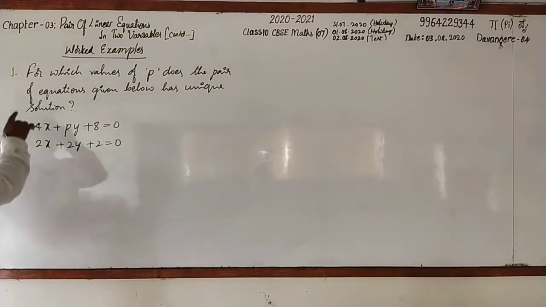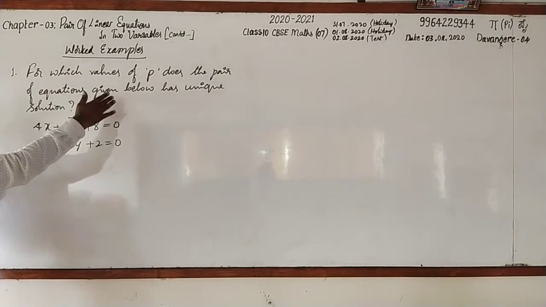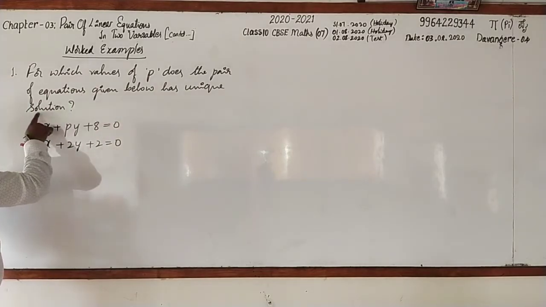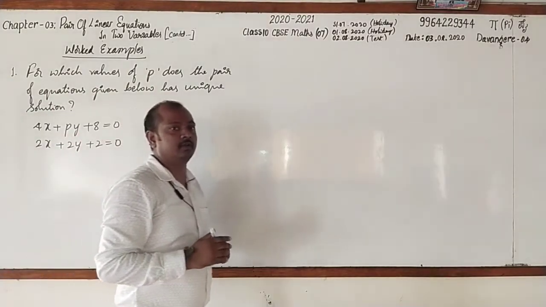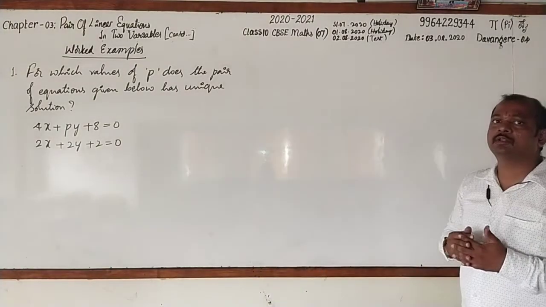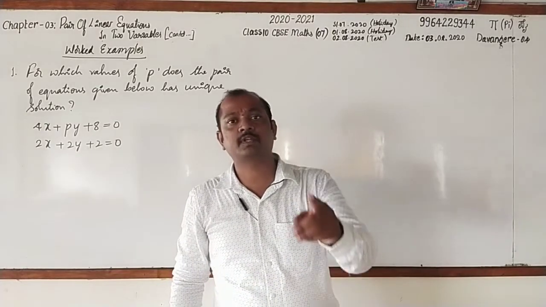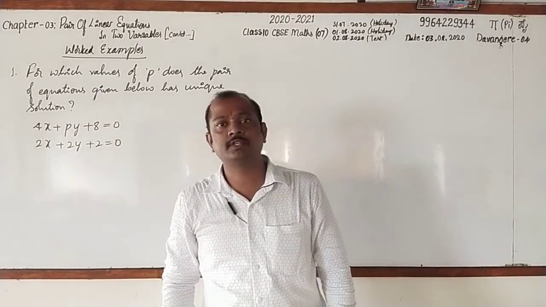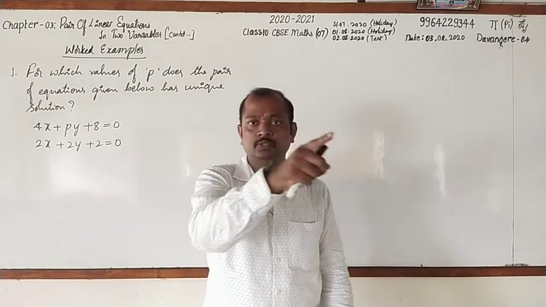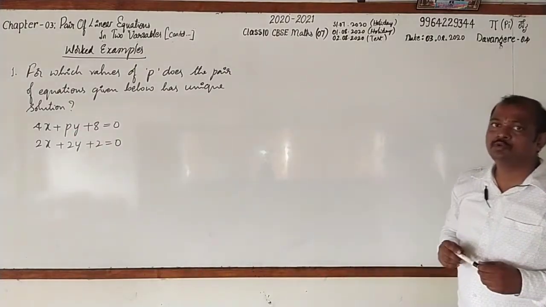Observe. The first question. For which values of p does the pair of equations given below has unique solution? Dear students, we are very familiar with the different types of solutions with respect to pair of linear equations in two variables. The first one is unique, second one is infinitely many, and third one is no solution.